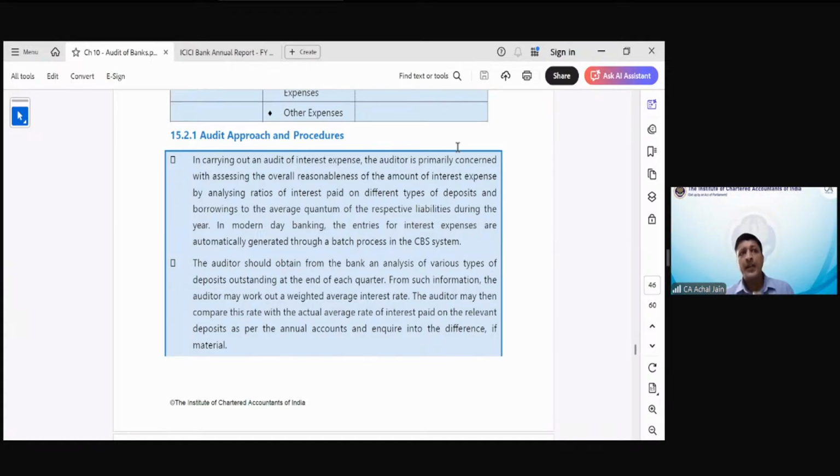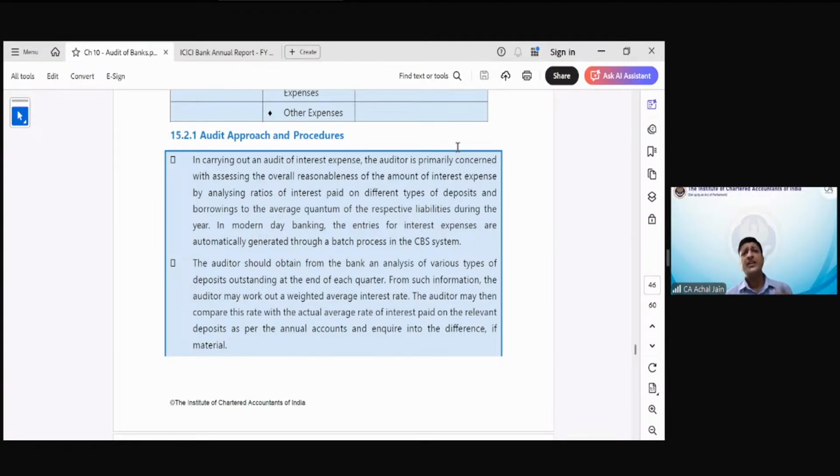Second procedure could be in relation to the analytical. So analytical procedures are the procedures which are generally used in relation to the completeness.